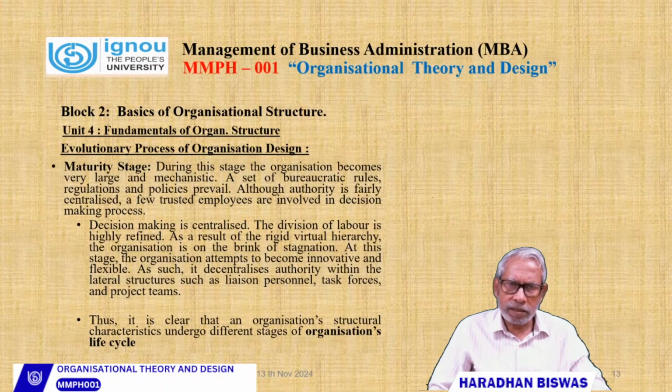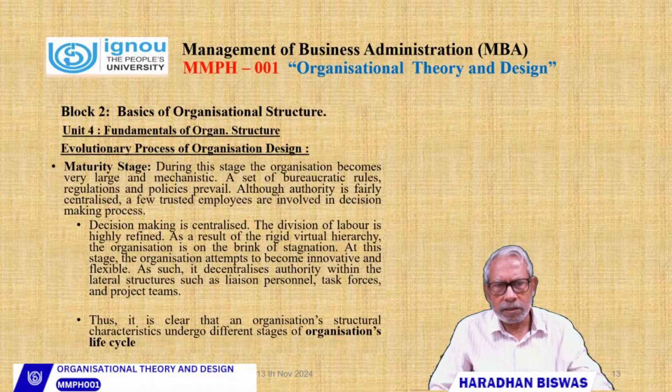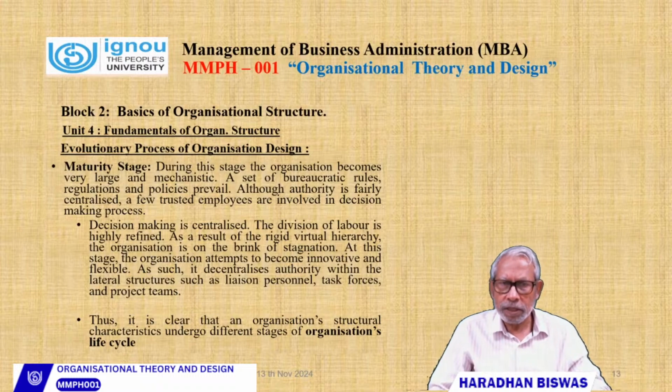So some stagnation will start at a certain point. At this flexible stage, it decentralizes authority within lateral structures, such as liaison personnel, task forces, and project teams. So it is clear that the organizational structure's characteristics undergo different stages.